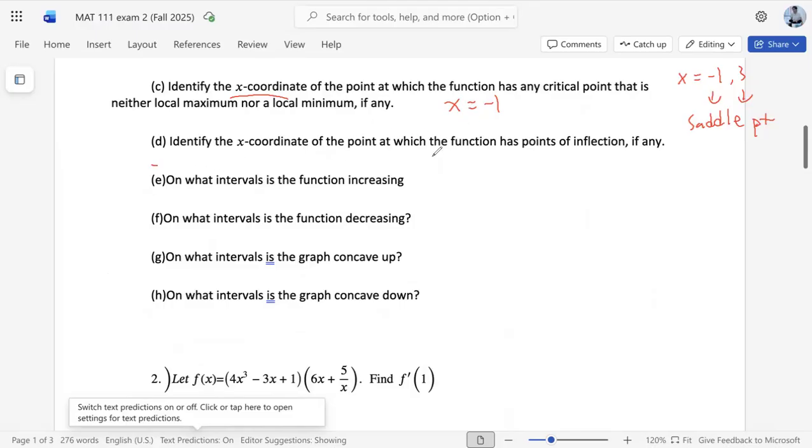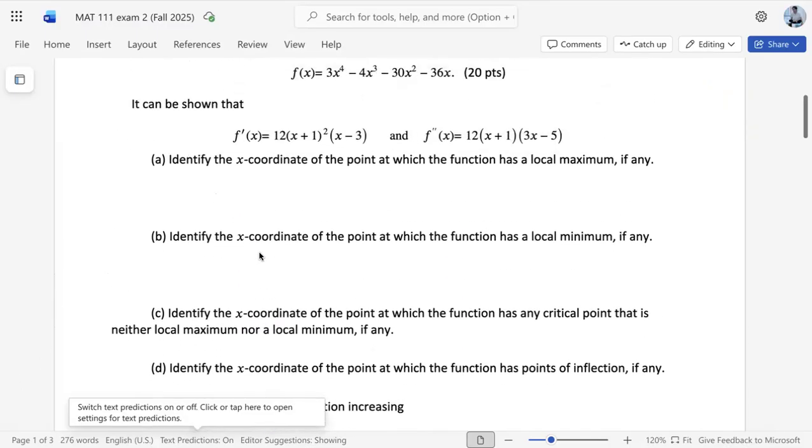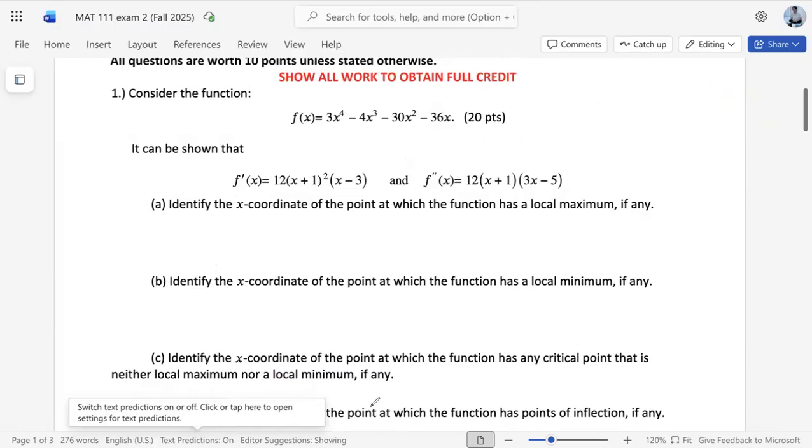D, identify the x value of the point of inflection. Remember, point of inflection means the graph turns from concave up to concave down, or concave down to concave up. And how do we solve it? So an inflection point from concave up to concave down, the point is here, or from concave down to concave up.